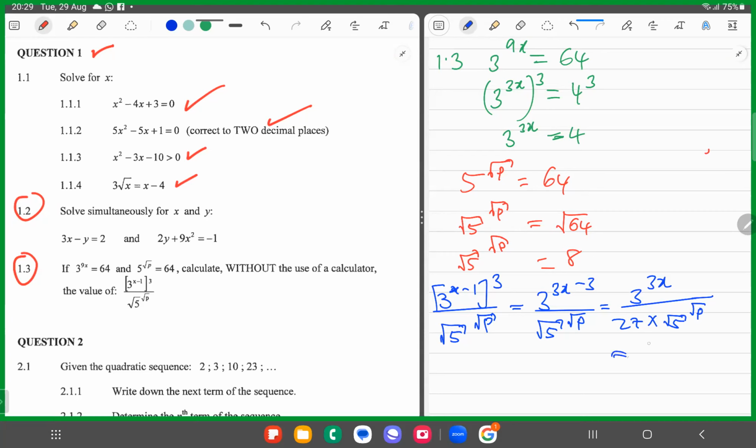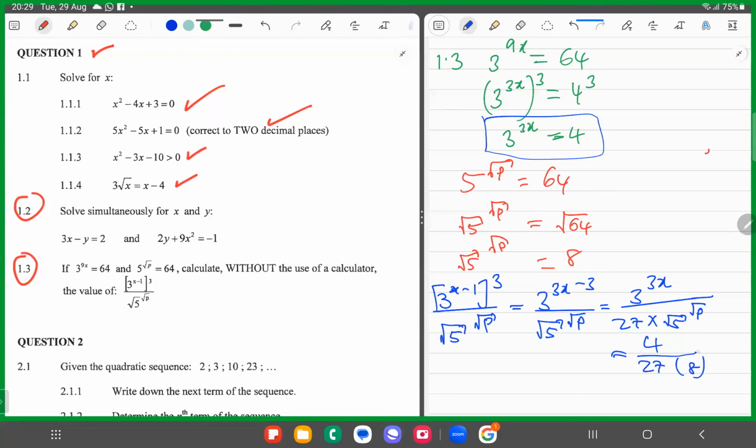So you stop. What is 3 to the power 3x? It is 4. And then we have that you have 27 here. What is 5? The square root of 5 and that is the same as 8.